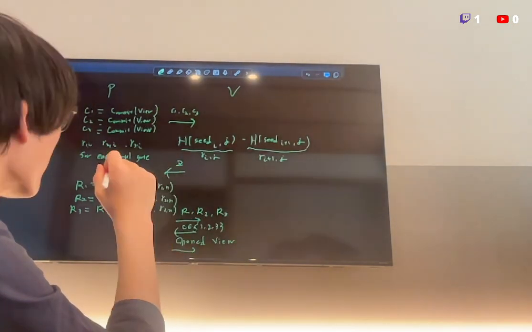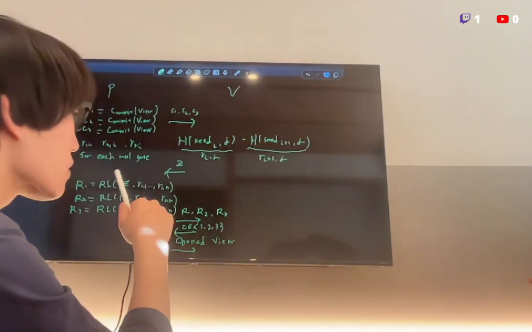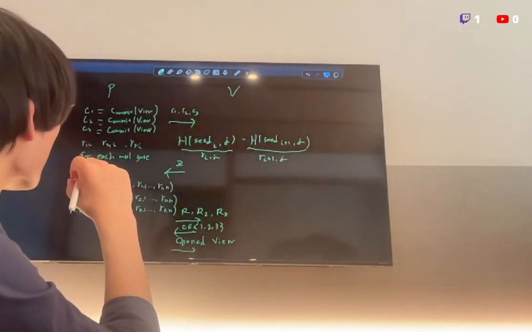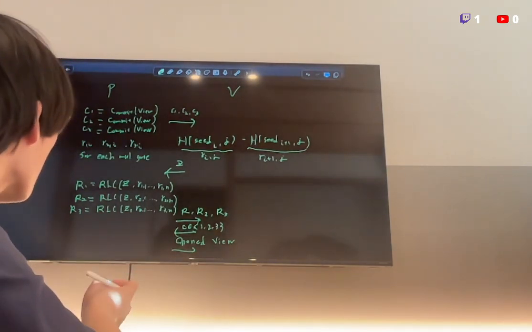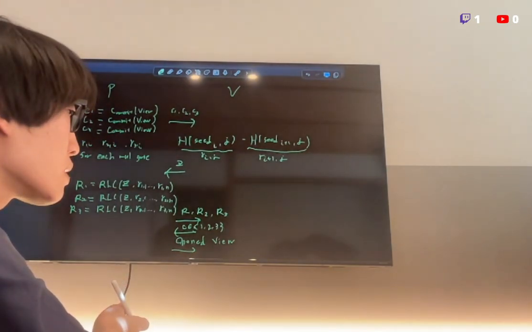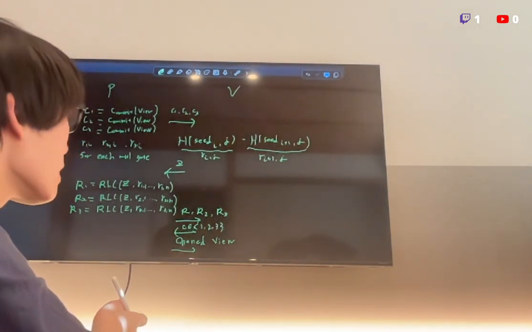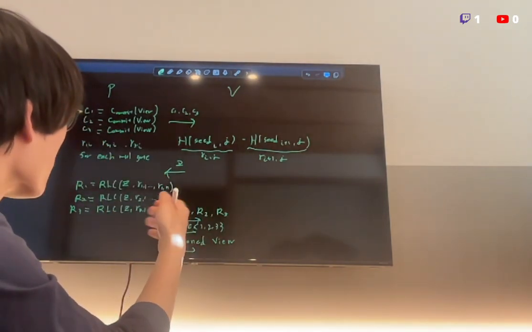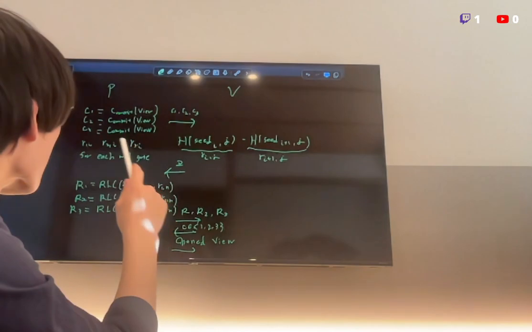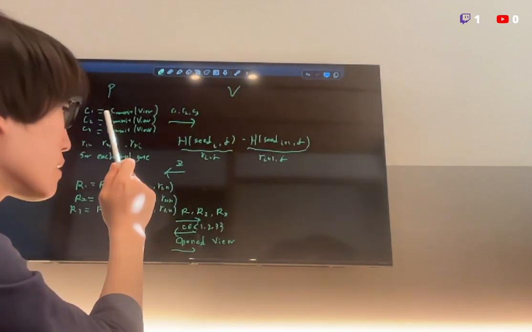Okay, and then you open the view, and then the verifier checks all of 1, 2, or 3? No, the verifier checks only the open view. But then your soundness error goes from 1/3 to 2/3, right? Yes, because the prover cannot estimate which view should be opened until computing the view and the randomness.